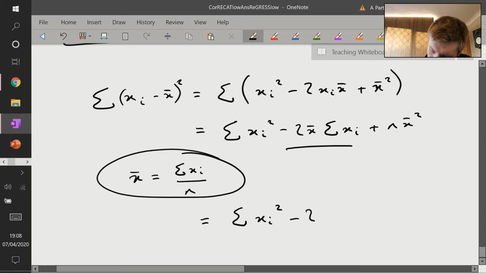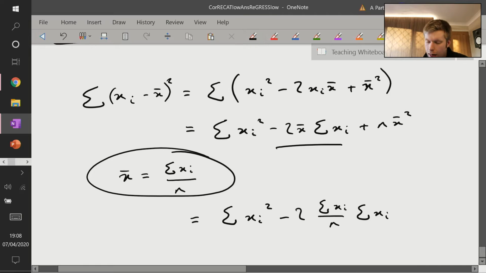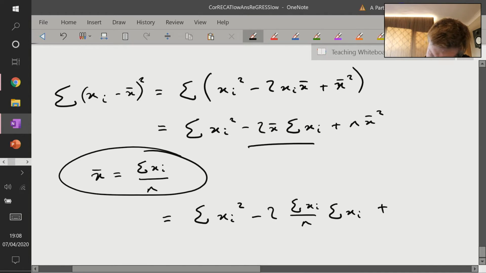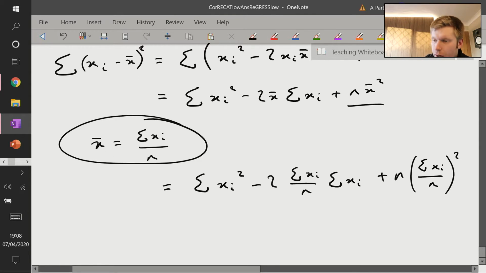I get 2, well, x bar now is equal to the sum of xi divided by n, and I'm timesing all of that by the sum of xi. Okay? And then I have on the end here n times x bar squared. So x bar, remember, is just the sum of xi over n, and I'm squaring that. So okay, let's just consider what we've got here.